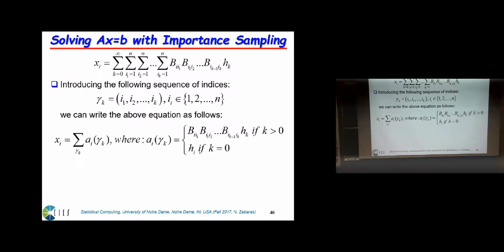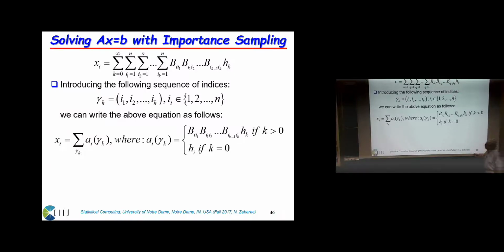Make sense? And then I got rid of the summations explicitly. I said, take all the possible permutations of the gamma k's, sum them up. This will give you the correct xi, where alpha I corresponds to gamma k. If k is positive, it is this product. If k is 0, it's basically just hi. I don't have any b's. If k is 0, I get hi. Make sense?